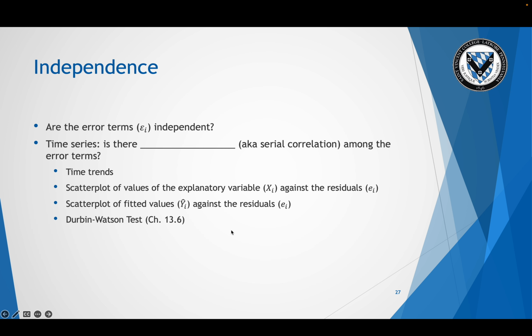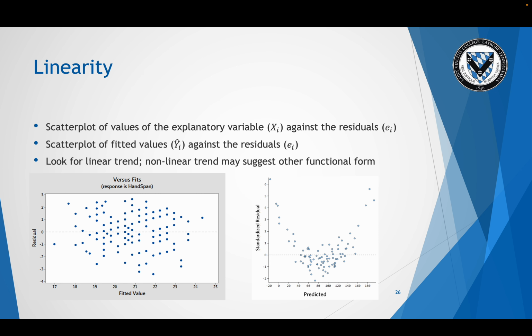The next is that errors are independent. This is more dealing with time series. Say we're recording data over time. We want to make sure there's no autocorrelation or serial correlation among the error terms. This isn't something we need to deal with in this class, but what you would see, if time was on the x-axis, is a clear pattern over time among the residuals, and we wouldn't want that.